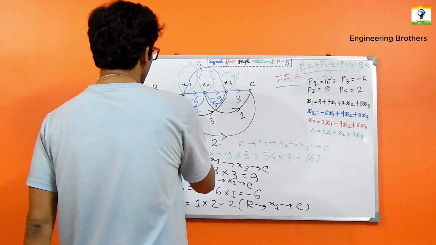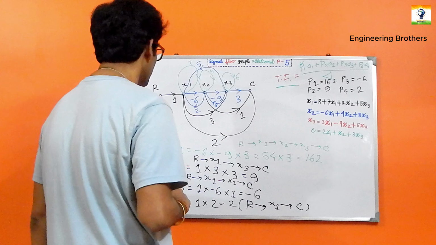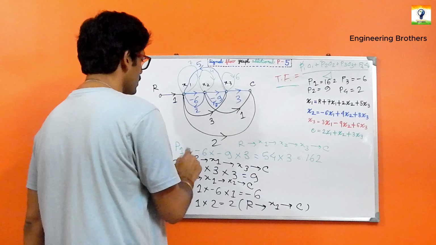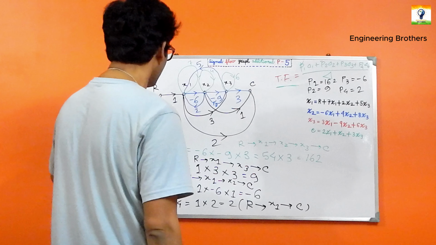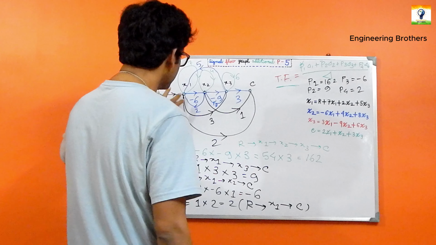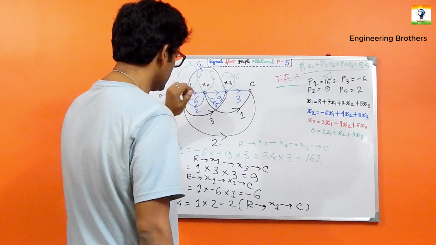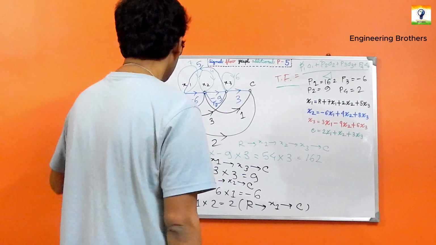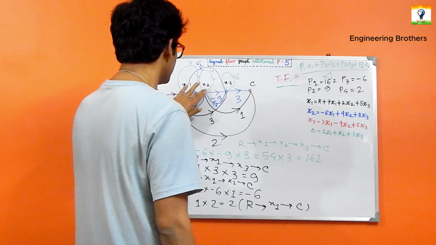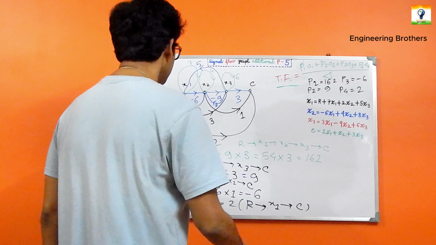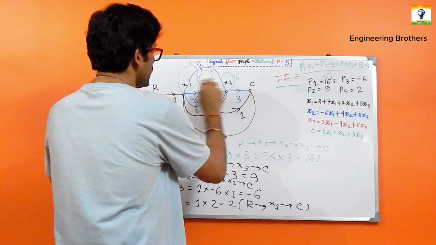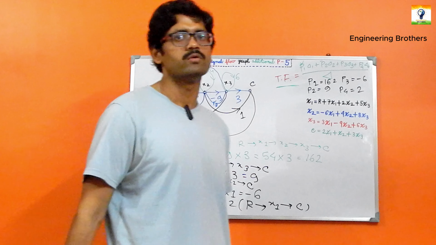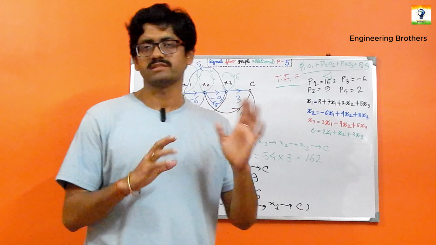We are going to show you once again the forward paths. Our first forward path will be from R to X1 to X2 to X3 to C.